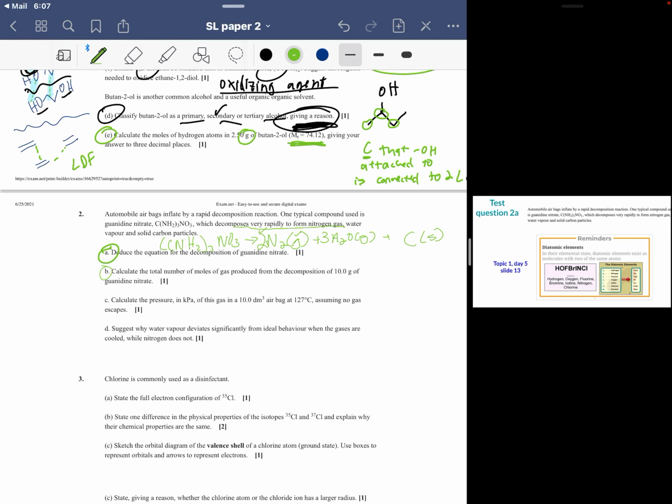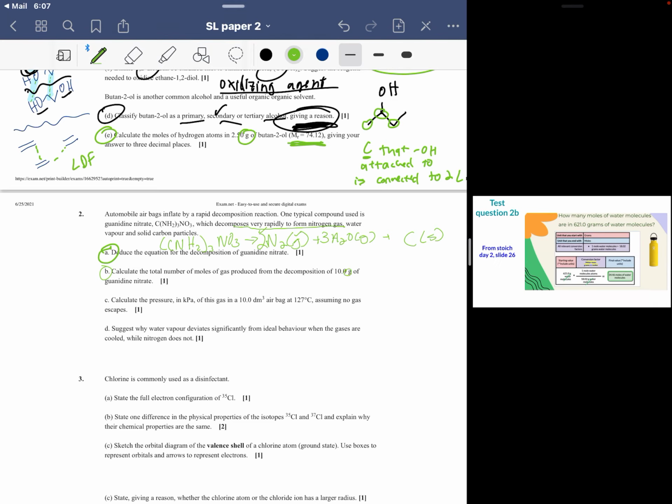B, again, moles to grams of guanidine nitrate. Oops, I switched those, sorry. You actually start with grams, so grams to moles using molar mass, which gives moles of reactant.